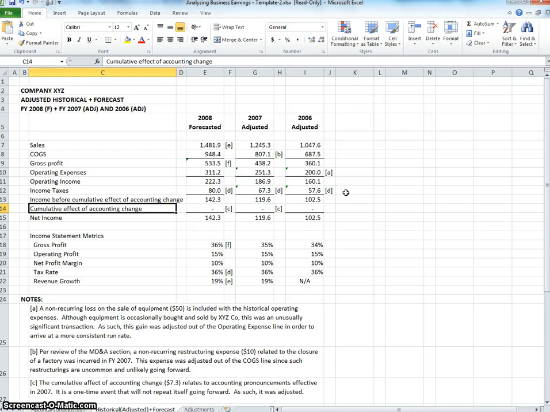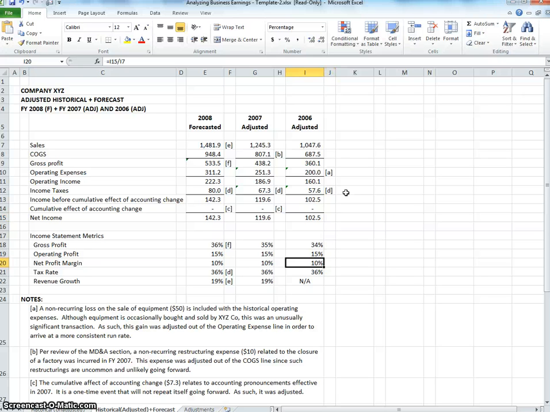Lastly, you'll notice that I adjusted out the cumulative effect of accounting change. So this is one of those specific steps in that 7-step process we talked about in class last week. I adjusted that out because that's a one-time event and it's not going to occur again.